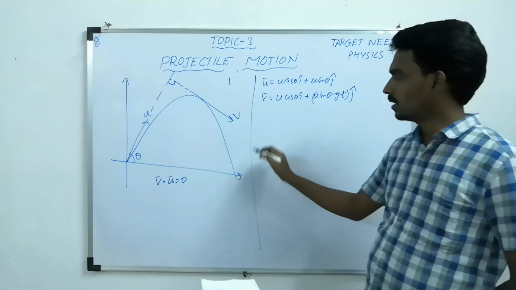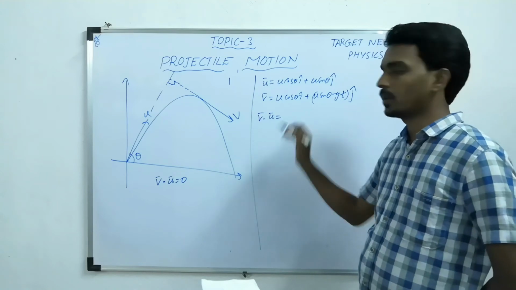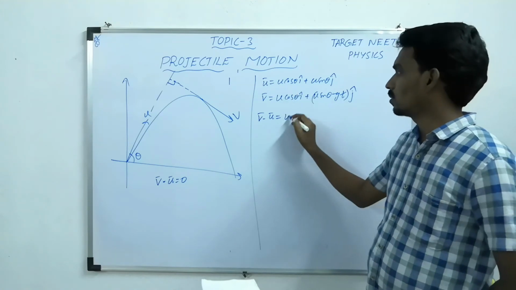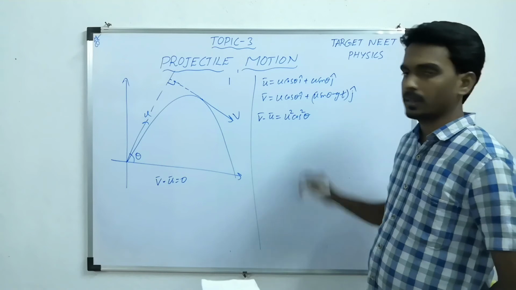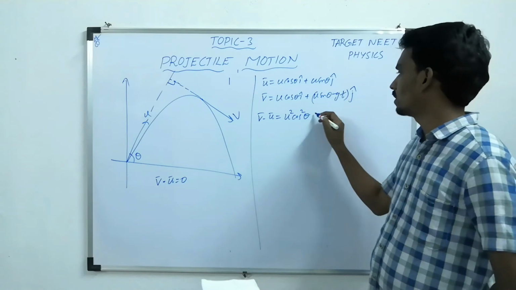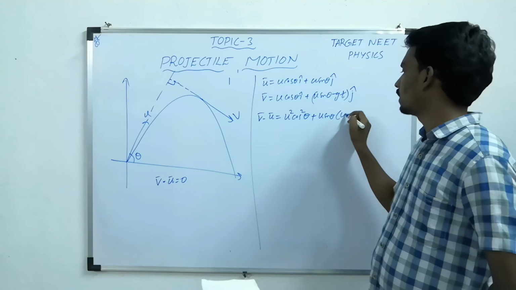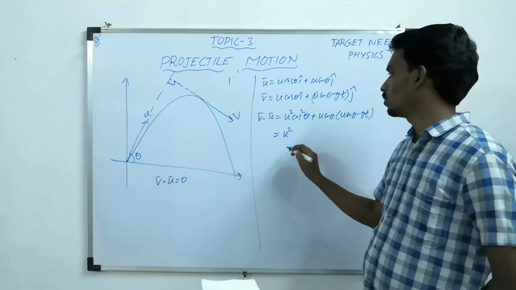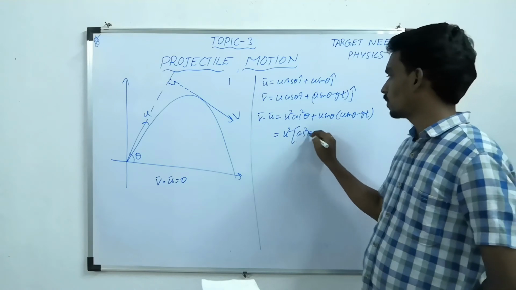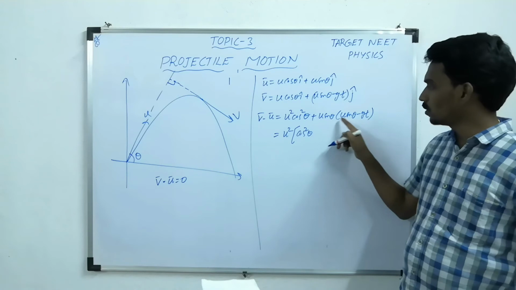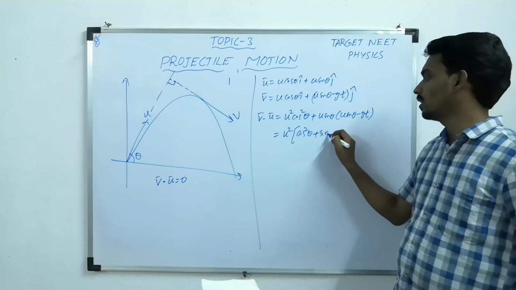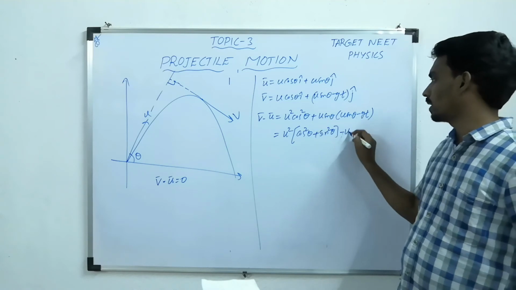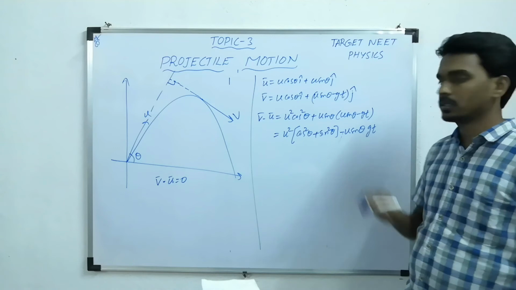Now the dot product v bar dot u bar. How do we find the dot product? Product of i coefficients: u square cos square theta. Then the product of j coefficients: plus u sin theta into u sin theta minus gt. So this is u square, taking common, cos square theta plus sin square theta, plus minus u sin theta times gt.